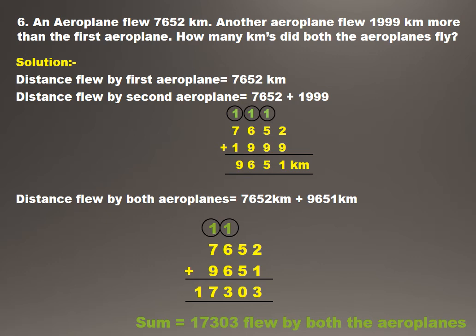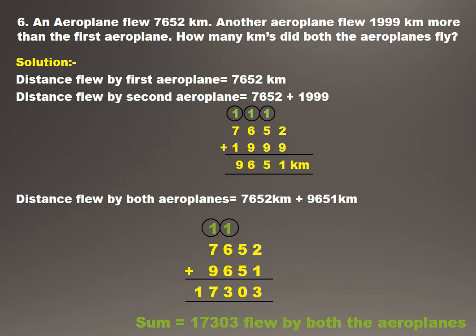By adding 1999 in the first aeroplane distance covered, that is 7652. So how much second aeroplane flew? By adding both the numbers, we will get 9651. This is the distance which second aeroplane covered.